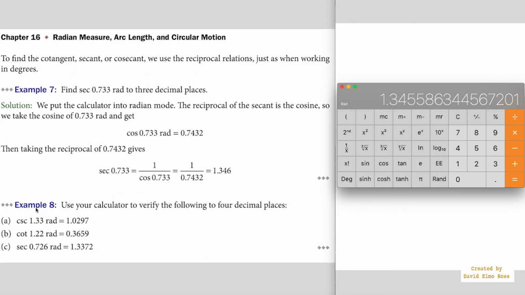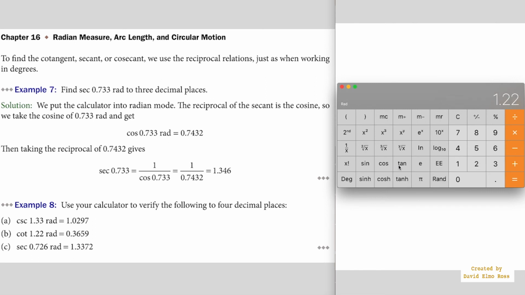Now example 8 says use your calculator to verify the following to 4 decimal places. So let's clear. Cosecant of 1.33, again we're in radians, so it's 1.33. Cosecant and sine, so sine, 1 over, and we're going to get 1.0297, which is what we have here. Let's clear and do the next one. Cotangent of 1.22.